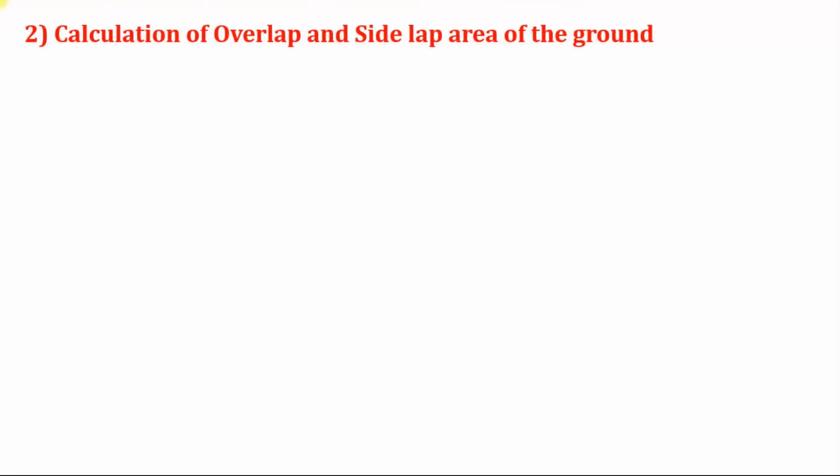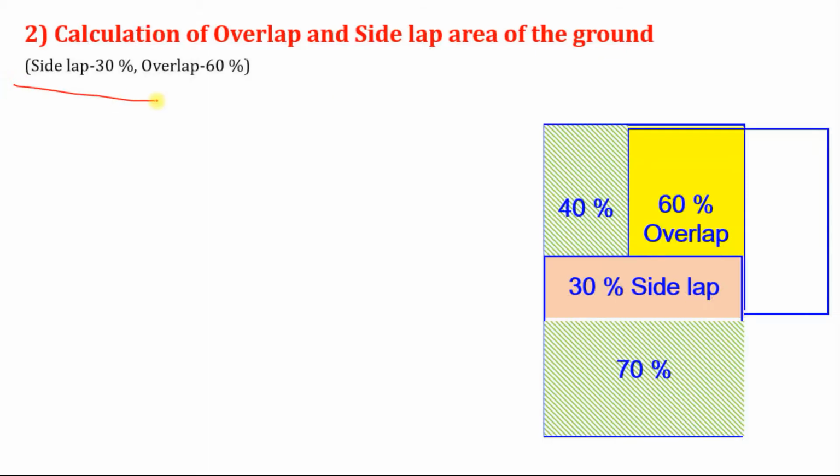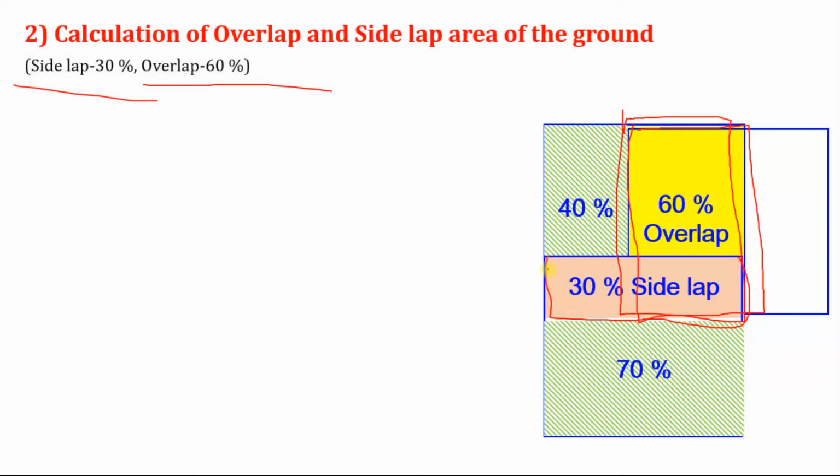So the ground coverage of this photograph is 4.6 kilometers by 4.6 kilometers. Next, calculation of overlap and side lap area on the ground. Side lap is 30%, overlap is 60%. So here these are the 30% side lap and these are the 60% overlap. When we calculate the actual ground area covered by a single photograph, we need to omit this area from the total calculation.